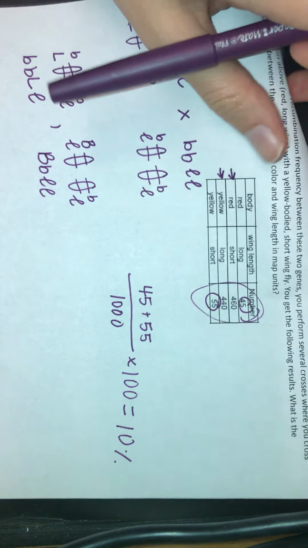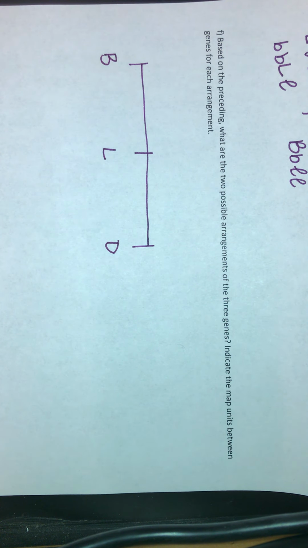So the very last thing that we're going to do is we are going to make our chromosome map. So we're looking at body color, we are looking at wing length, and we are looking at wing surface. We calculated all of our possibilities.